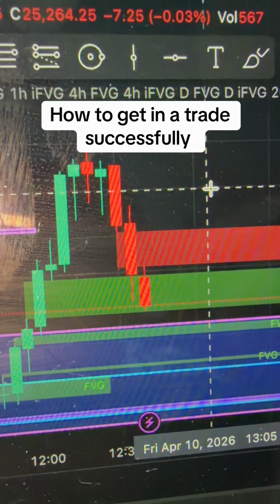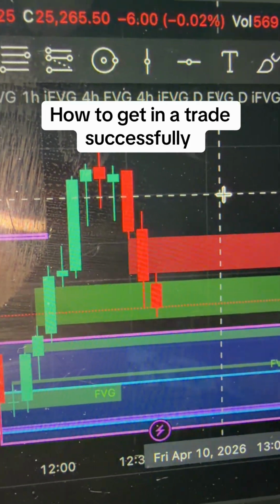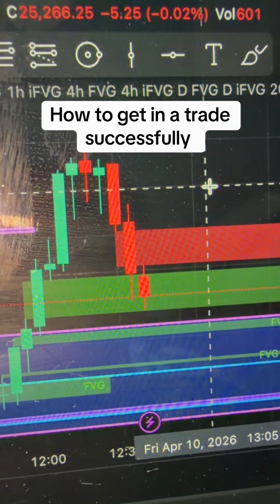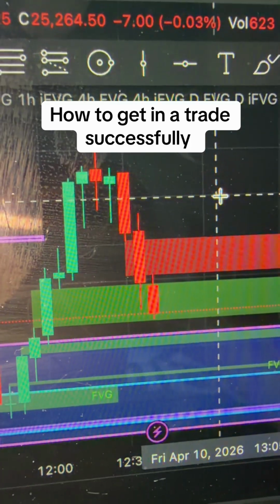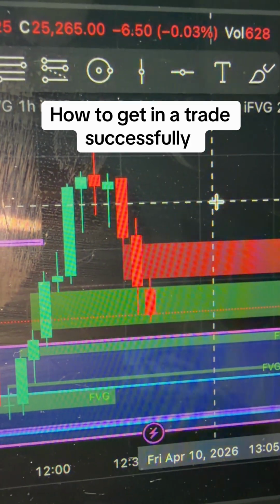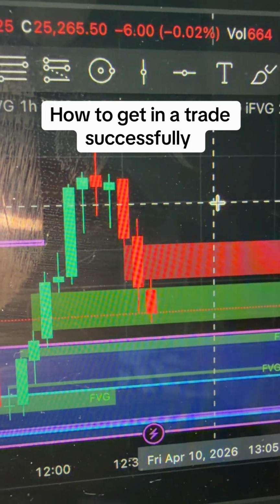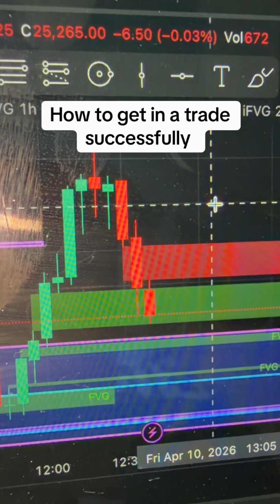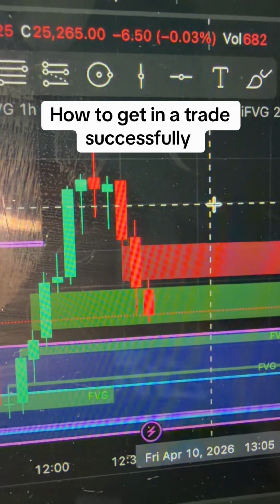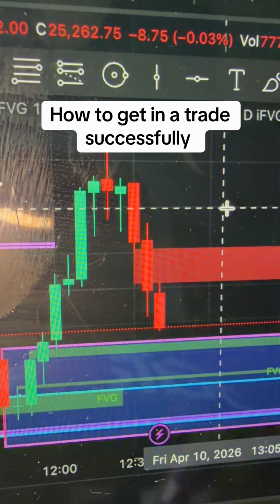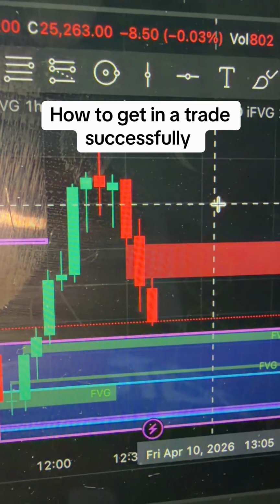But a little secret, I think that gold works good, it moves good, during the London market. And right now we are in the New York Exchange. It will be closing at about 1:30, which is not that far from now. So let's just see what it does.